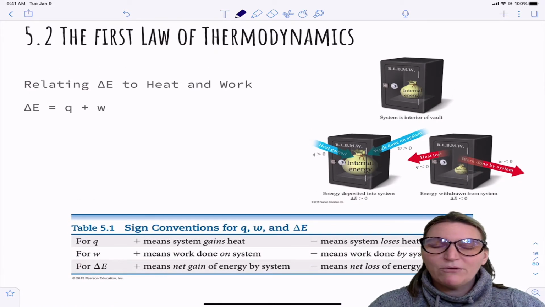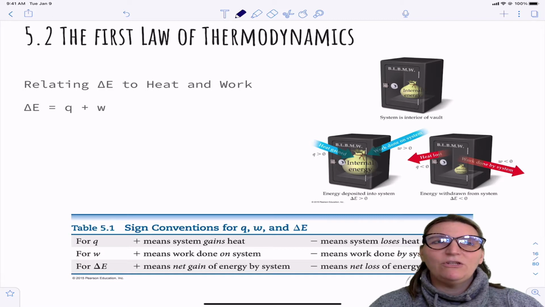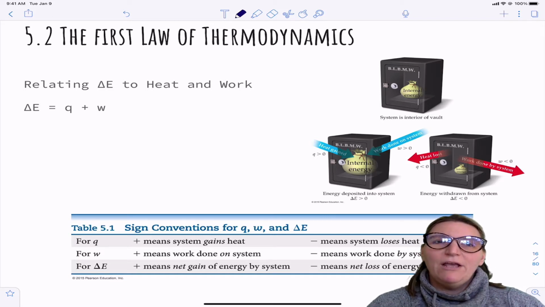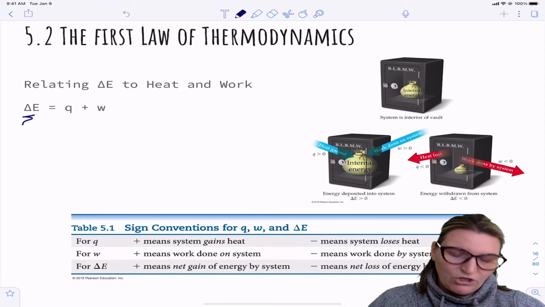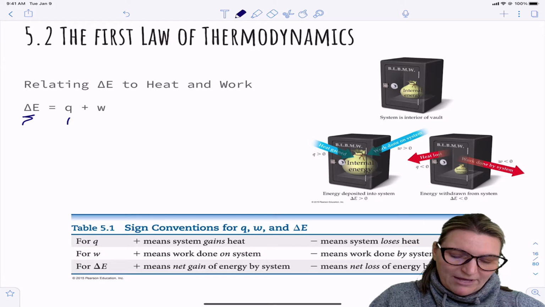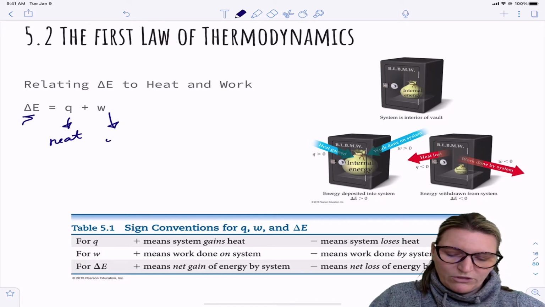So we've talked about exothermic and endothermic before. That's the same as always. What we're going to look into a little bit now is, when we say that it loses energy to the surroundings, the change in energy can be in two forms. It can lose energy by Q, which is heat, or W, which is work.